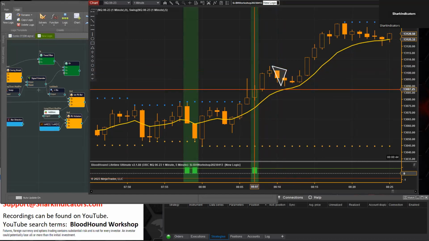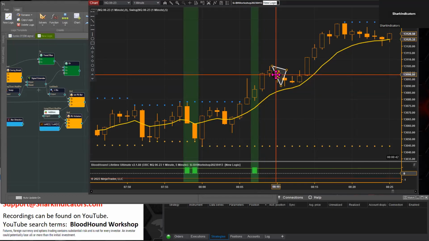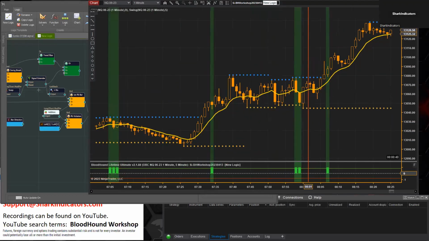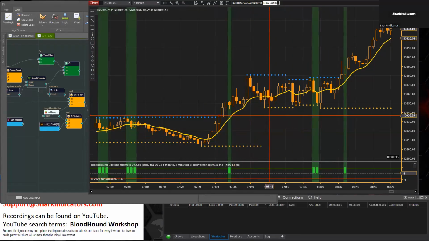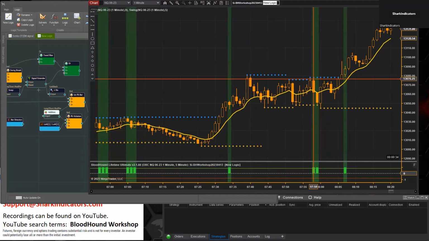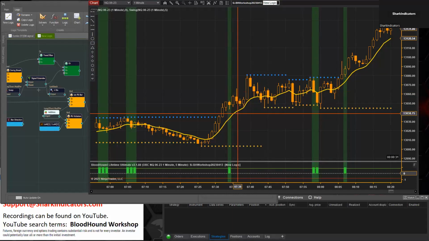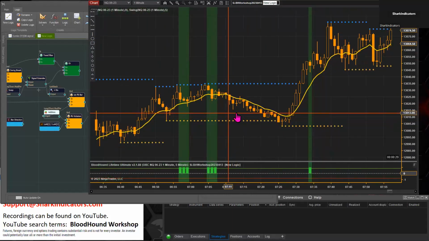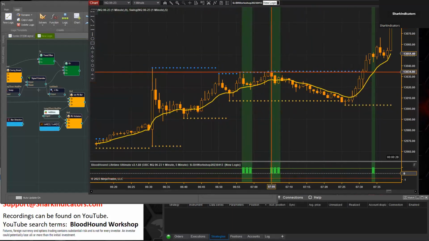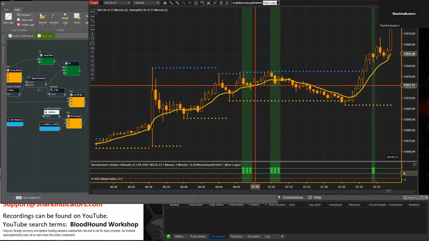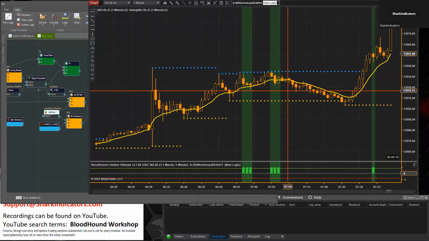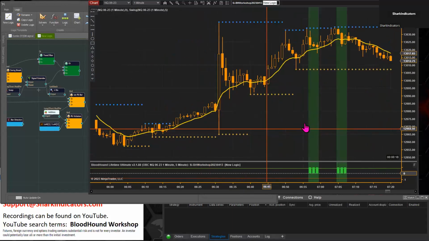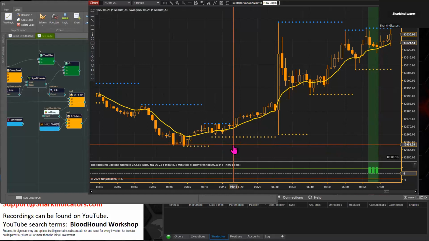So there we go, we got this solved. I'm just going to continue to look at these pullback bars, to make sure that the outputs identifying the pullback bars are all correct.